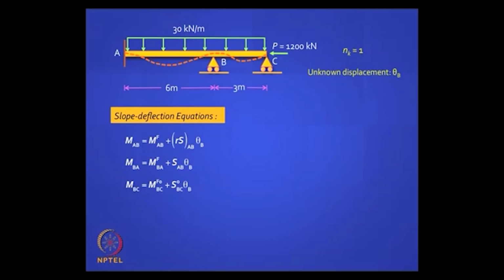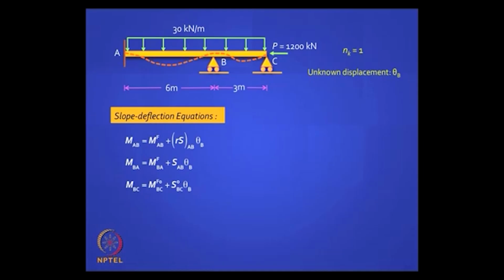But for BC be careful, because the far end is hinged and you want to take advantage of it, so you will write it as MF naught BC, okay, for a prop cantilever, plus S naught BC into theta b. So the naught is to remind you that there is a hinge at the other end, that is why you put a naught on top. Clear?